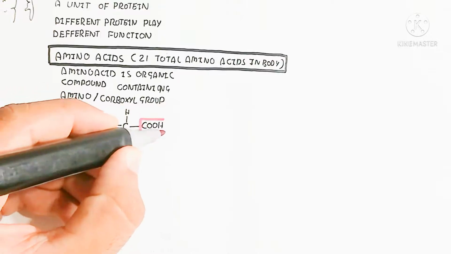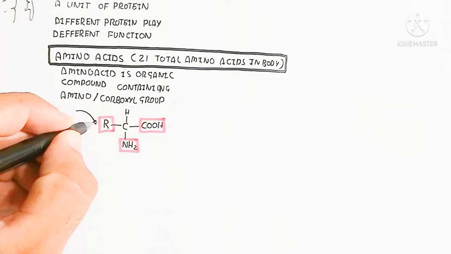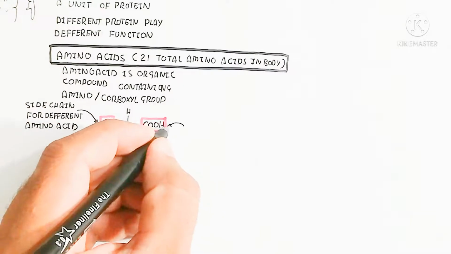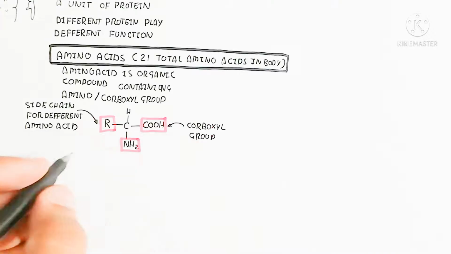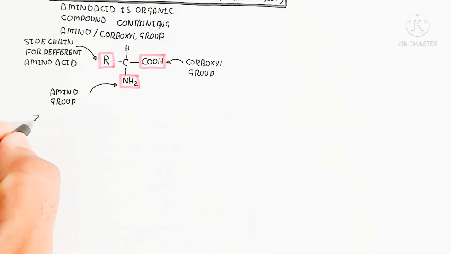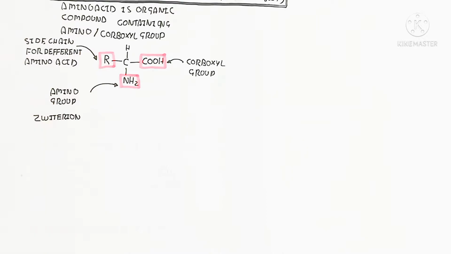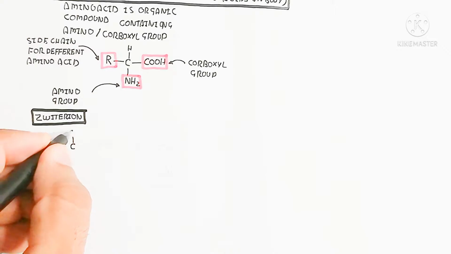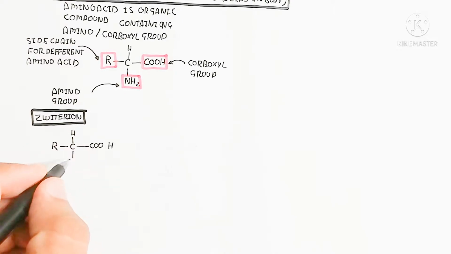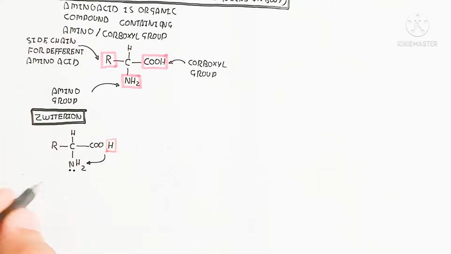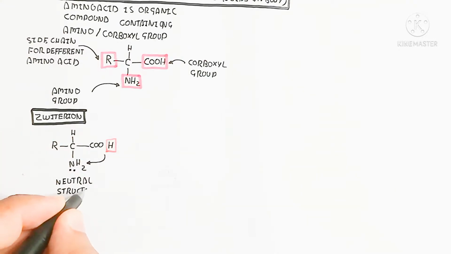An amino acid is an organic compound containing an amino and a carboxyl group, and here is the side chain for different amino acids. Here is the carboxyl group, and here is the amino group, where the amine is attached. Let's begin to understand the zwitterion. A zwitterion is a transition between two forms of the amino acid.